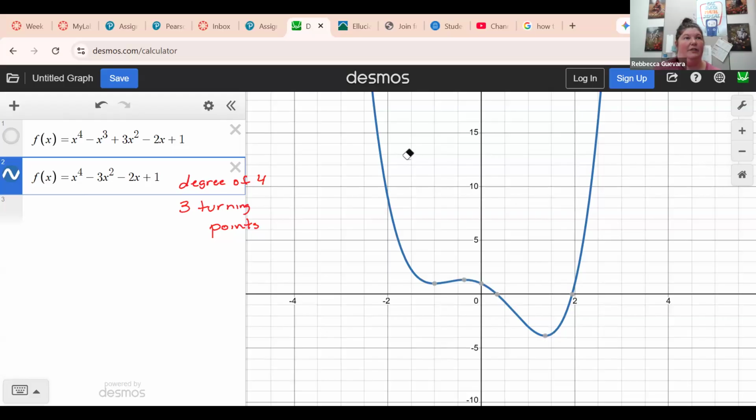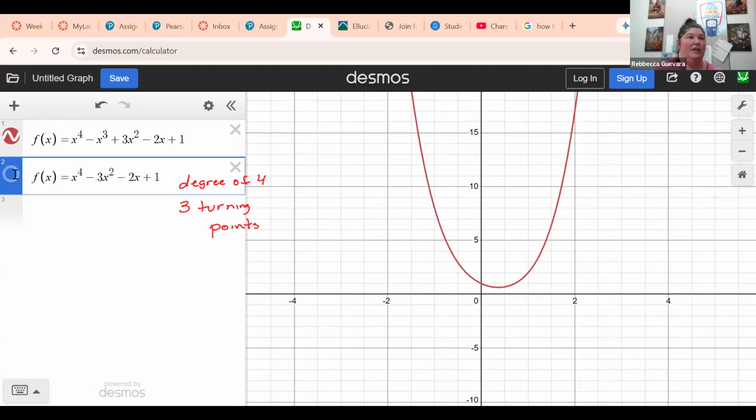If we look at our other graph here, this is minus x to the fourth minus x cubed plus 3x squared minus 2x plus 1. This one is also degree 4, but we only have 1 turning point.